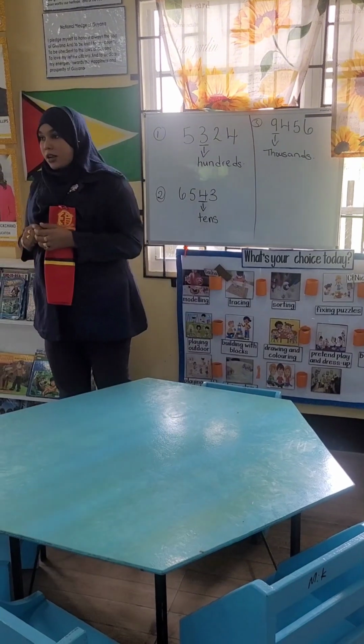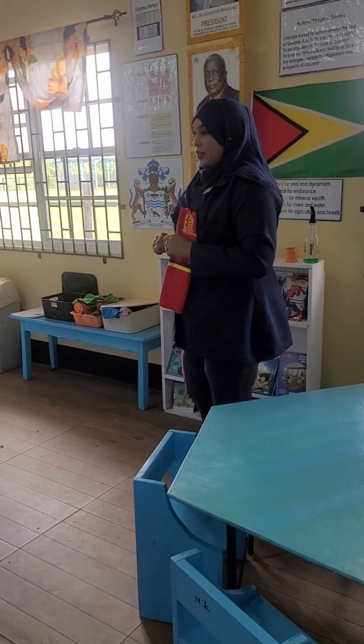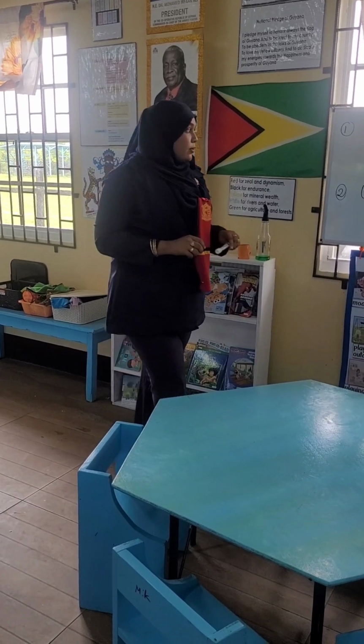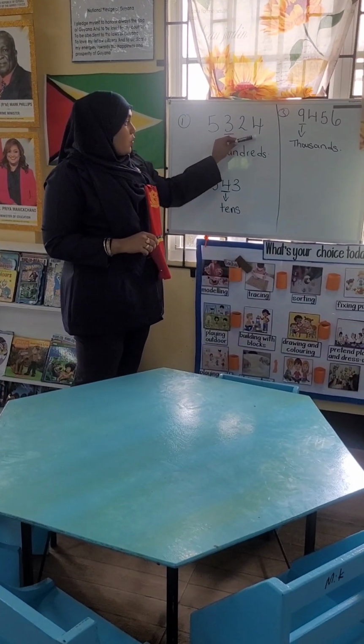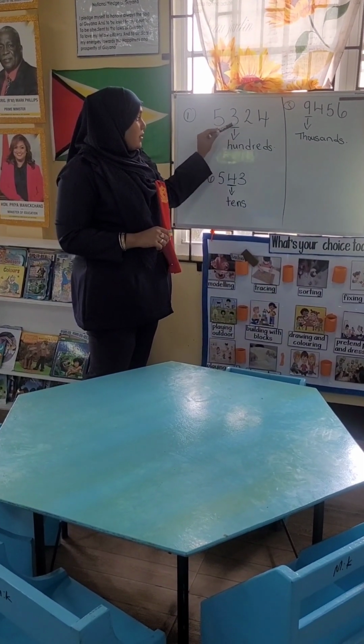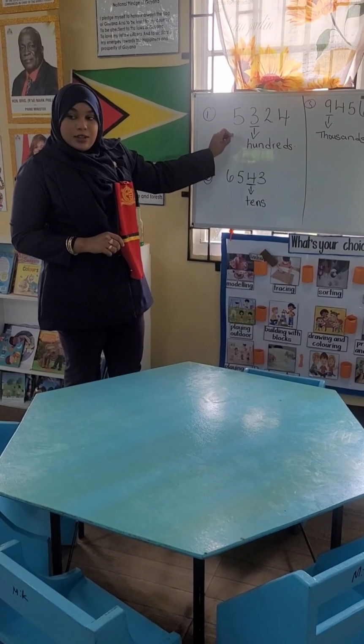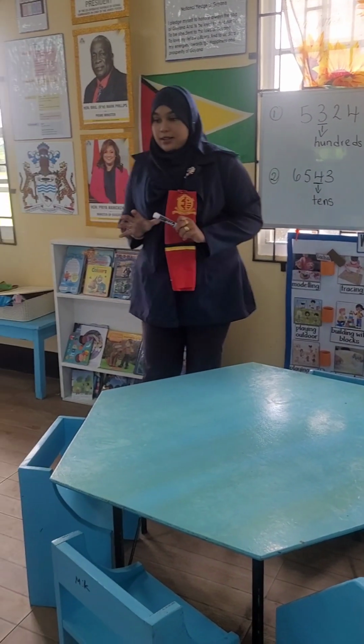Does everyone understand how to identify place value in the numbers? Right? So first number is 1, second number is 10, the third number is 100, and the fourth number is 1000. So everyone understand that, right?